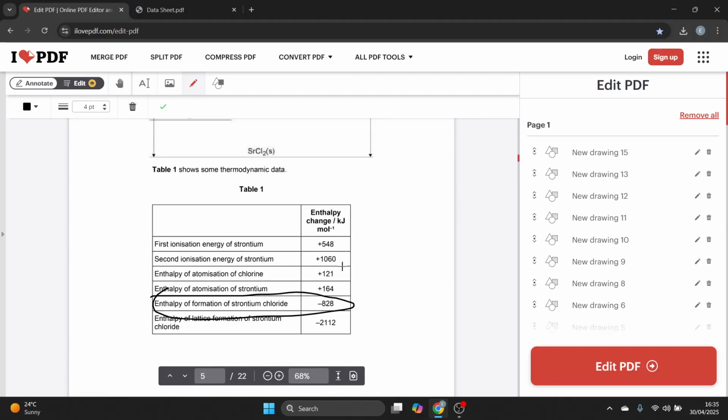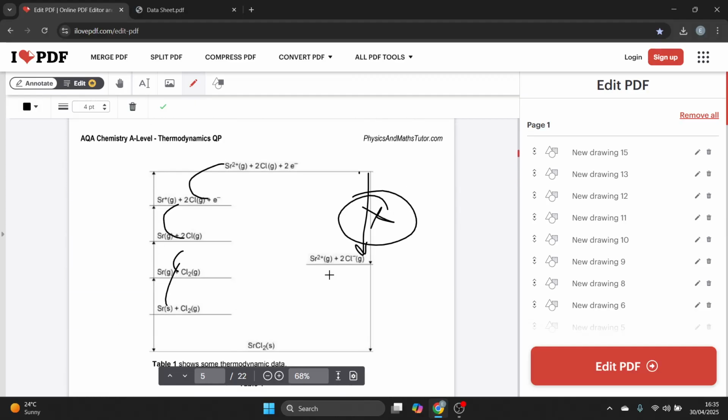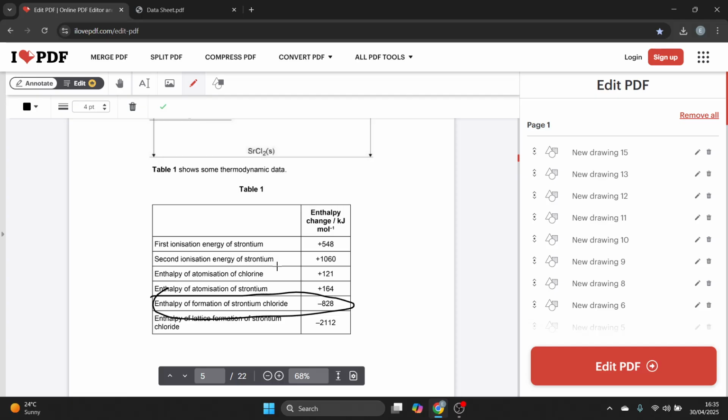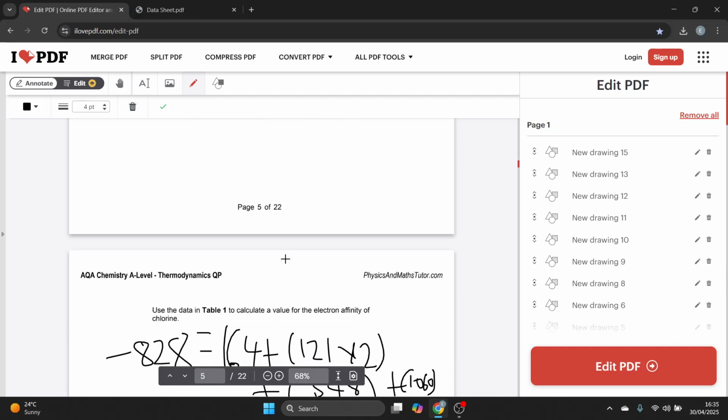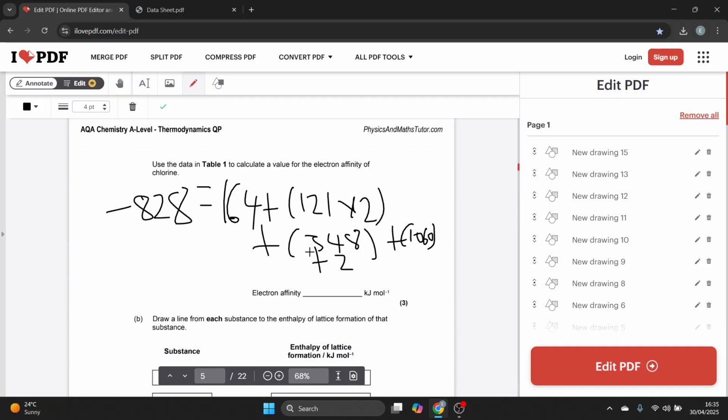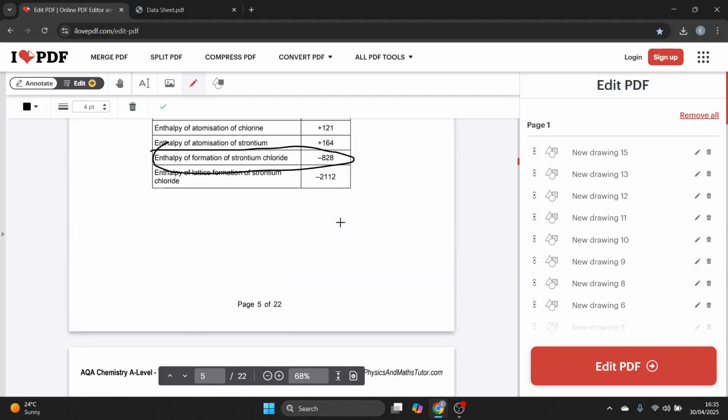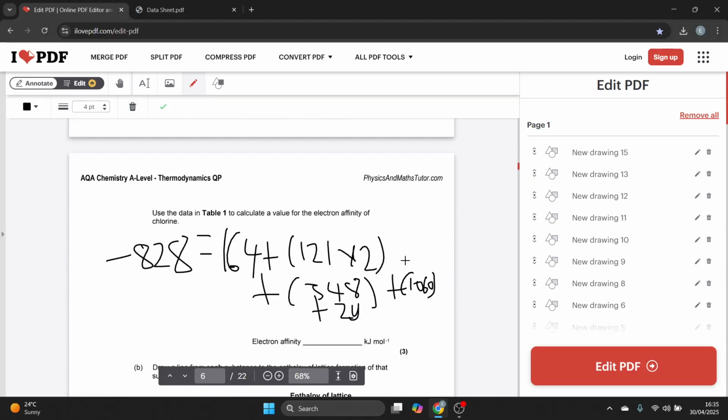The reason it's 2 is because it's chlorine, right? And this is the enthalpy electron affinity of chlorine. So 2y minus 2112. Rearrange the equation and you get -365.